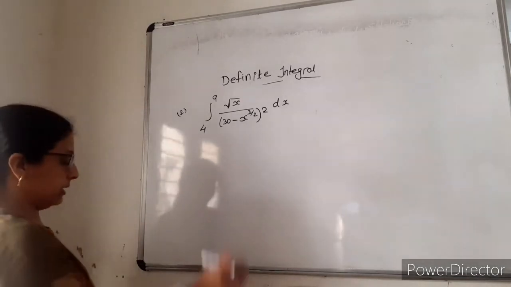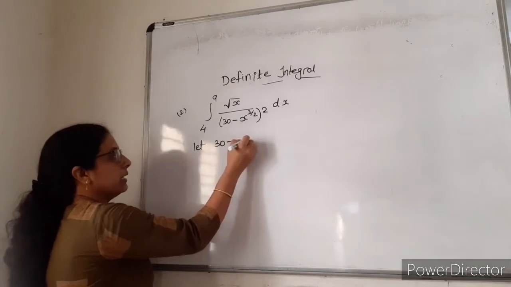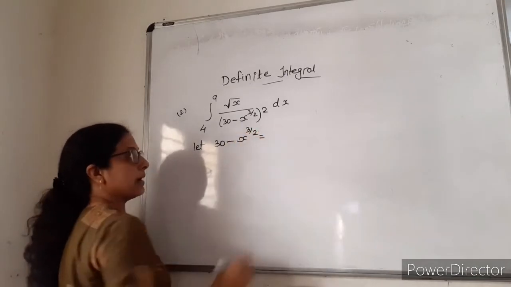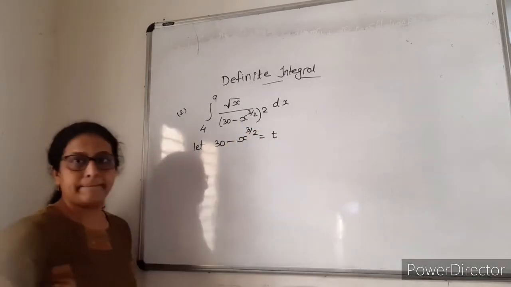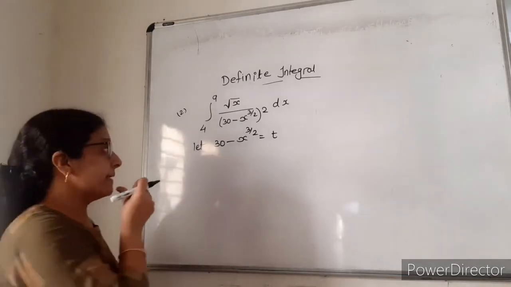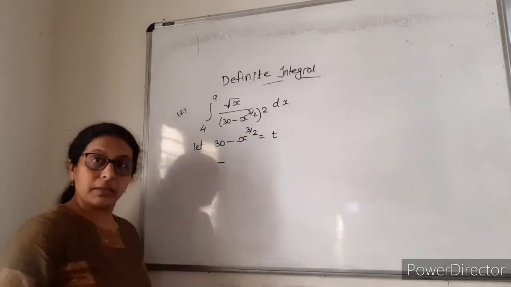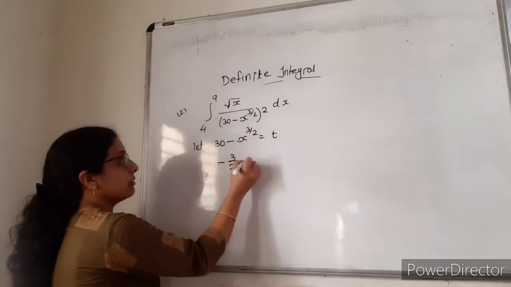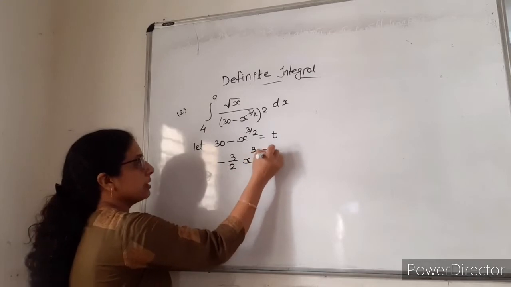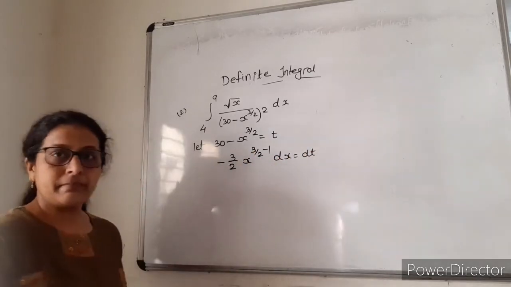Now here, let 30 minus x raised to 3 by 2 be t. Right? So if we find the derivative, of 30 the derivative is 0, minus x raised to 3 by 2, so the derivative is 3 by 2 x raised to 3 by 2 minus 1 dx equal to dt.